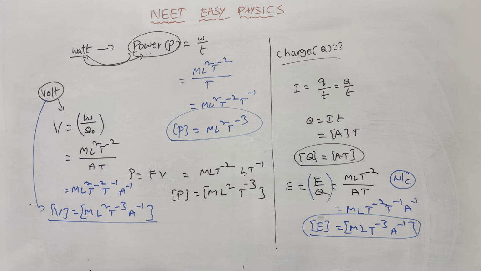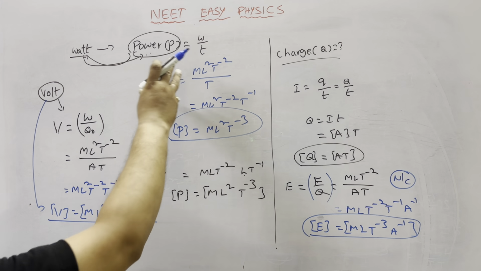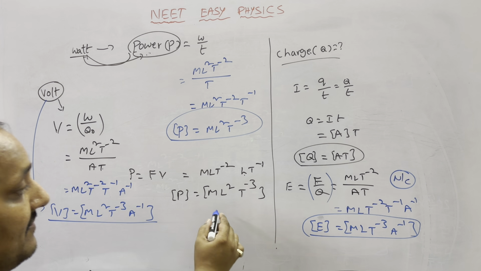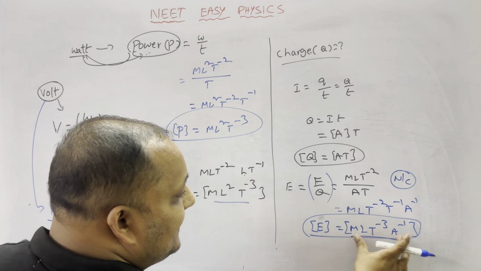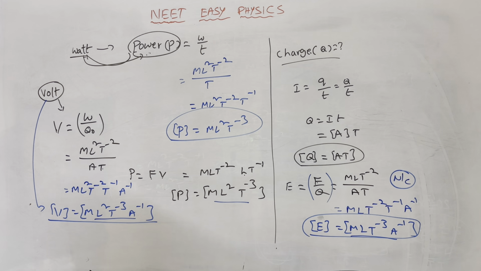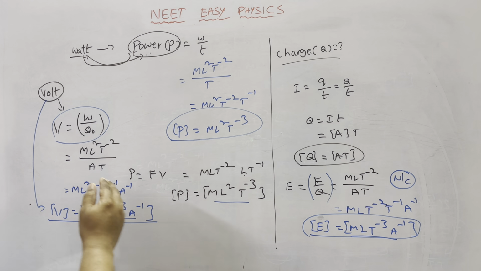Like this we are going to remember all of them just by remembering the equation, not by remembering the dimensional formula. You cannot always remember the right side physical quantities. By using this you can write the dimension formula very easily. There are unlimited physical quantities in physics, and there is no end to these dimensional formulas.